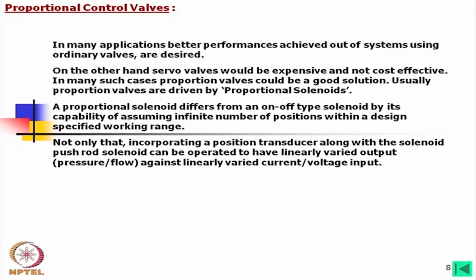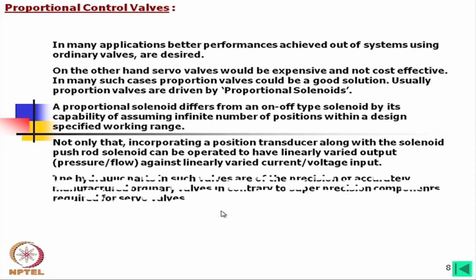But that may not affect the total production volume. The hydraulic parts in such valves are of accurately manufactured ordinary precision, in contrast to the super precision components required for servo valves.